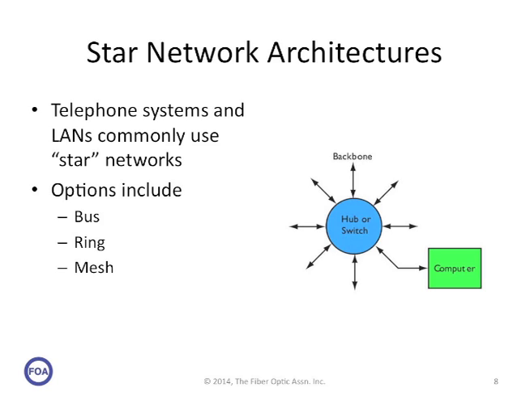It's the way telephone systems and most LANs commonly in use work, where there is a central hub or a switch and computers or phones or wireless access points or whatever connect into the network. But there are other types of networks that have been used and are still in use, including the bus network, a ring network, and a mesh network. So let's look at them.